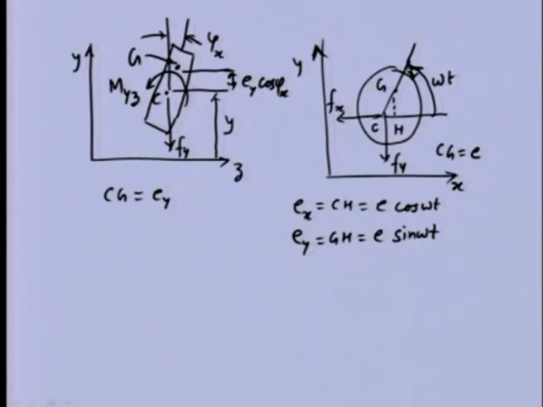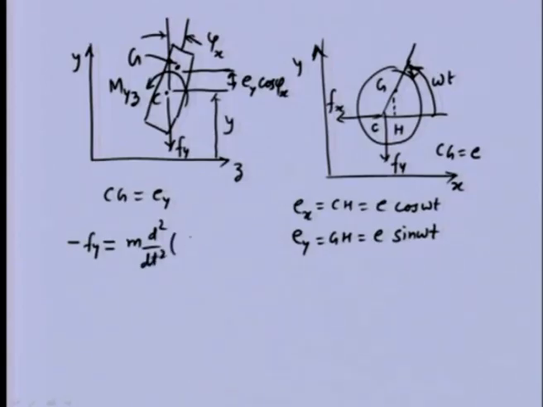Now we can write the equation of motion of the disk in the y direction, and even the moment we can balance. So let us say first the force balance. We have Fy, that is the elastic force which is acting, then the inertia force.